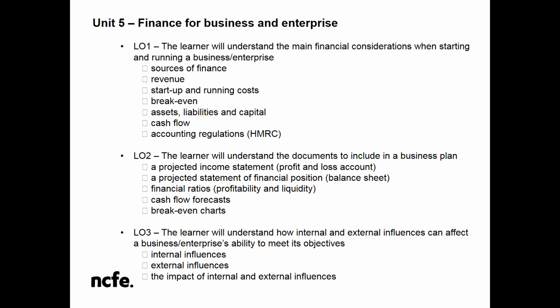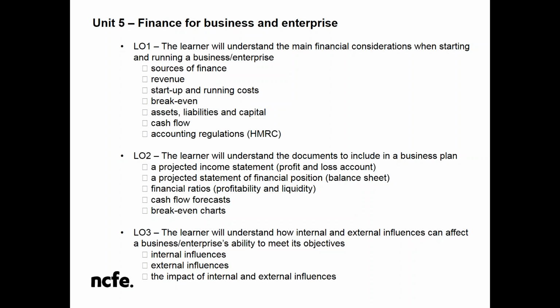Going on to learning outcome 2, understand some of the key documents to include in the business plan. So all the things that you would expect to see: profit and loss account, a balance sheet, and then some financial ratios. In terms of the financial ratios, 3 broad areas that we would expect you to cover will be the profitability ratios, for example, return on capital employed, net profit margin, gross profit margin.